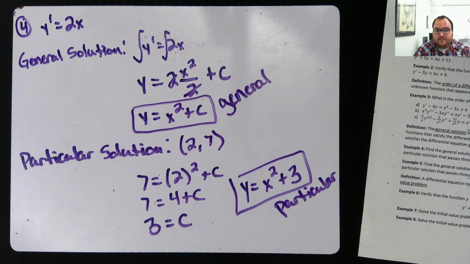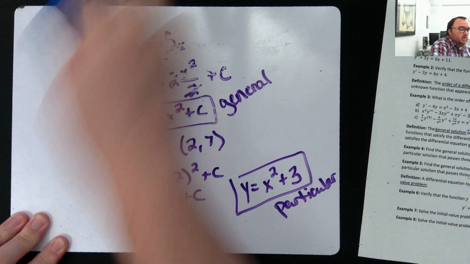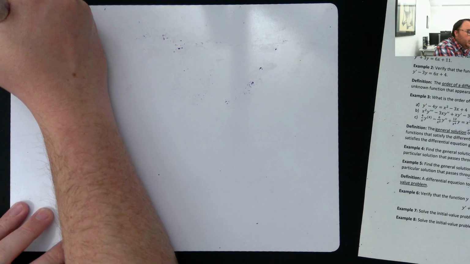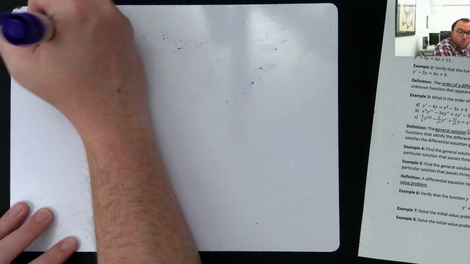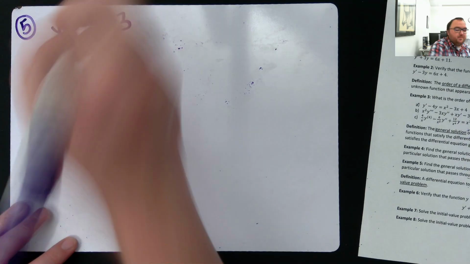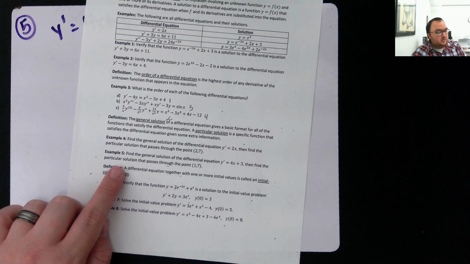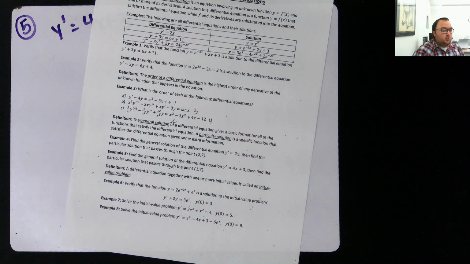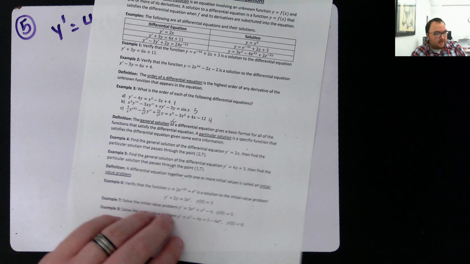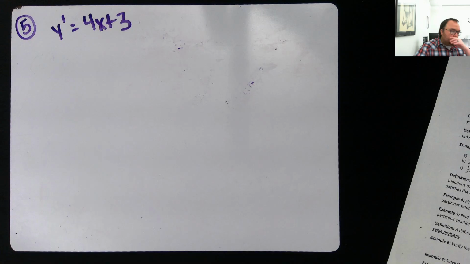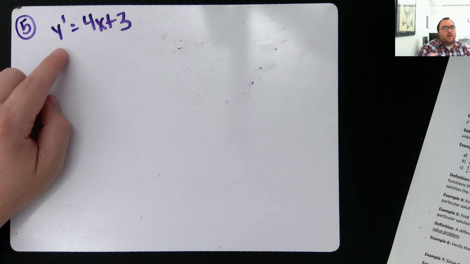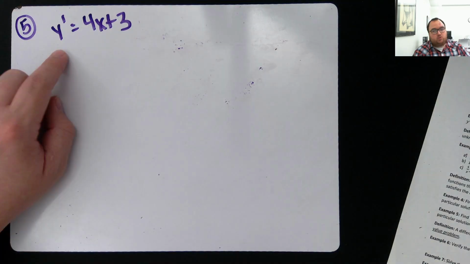Another example, example number 5. Example number 5 wants us to find the general solution of the differential equation y prime equals 4x plus 3. And then after I do that, then find the particular solution that passes through the point 1, 7. So for the general, again, I have y prime is equal to some stuff, right?